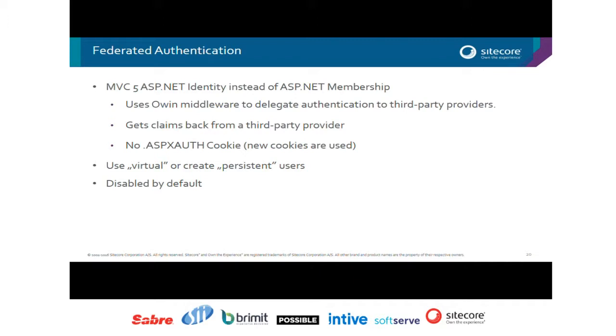It uses some different cookies, some different middleware, but using this API you can use some federated authentications. So, for example, federated Active Directory, Azure Active Directory, or Facebook, or login with Google. Yeah, you can use it to log into Sitecore.